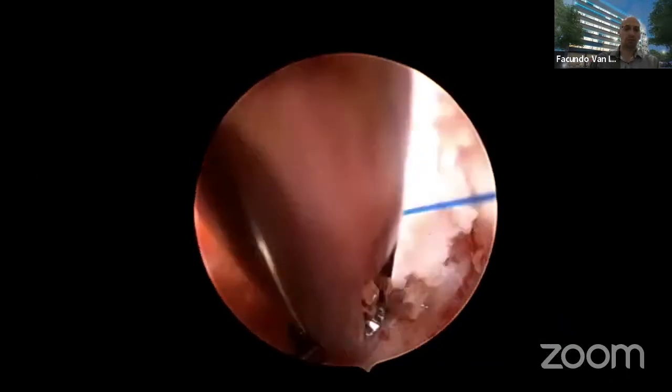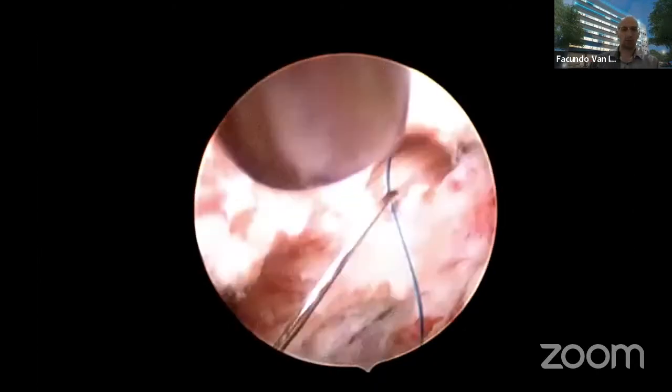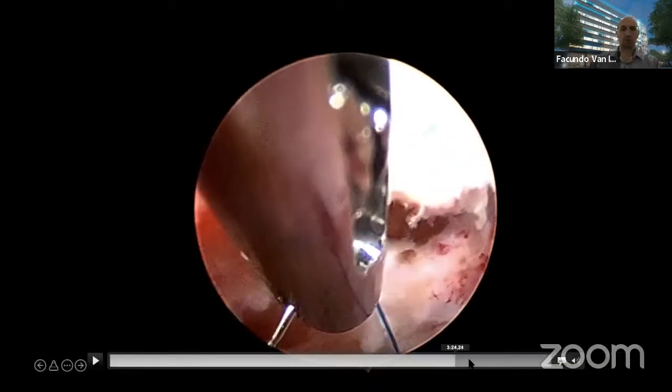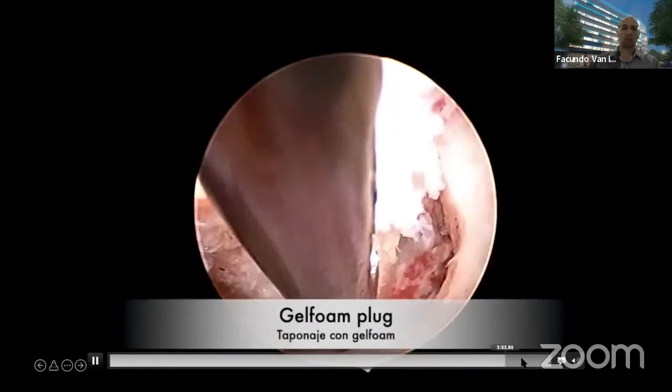I mean, it's not for newcomers, but it's possible, and you can close your incidental durotomy from the outside to the inside with a suture.